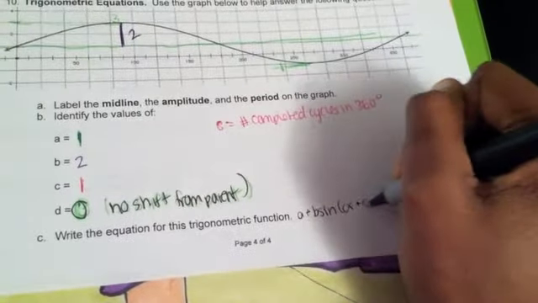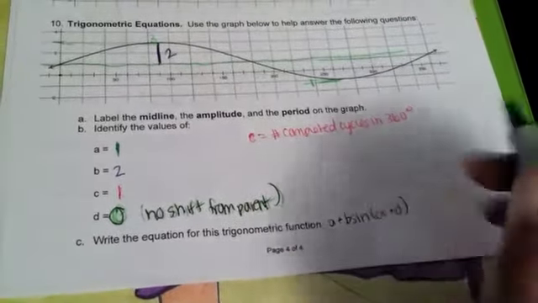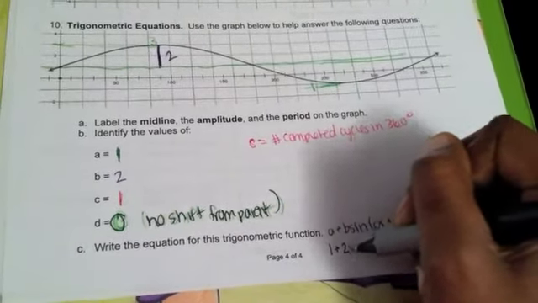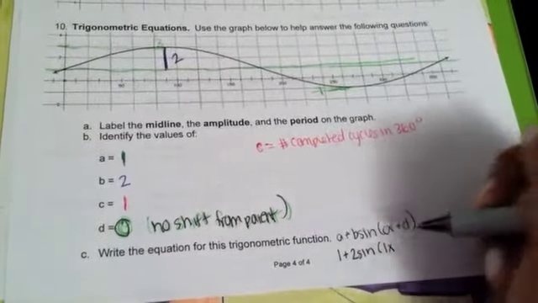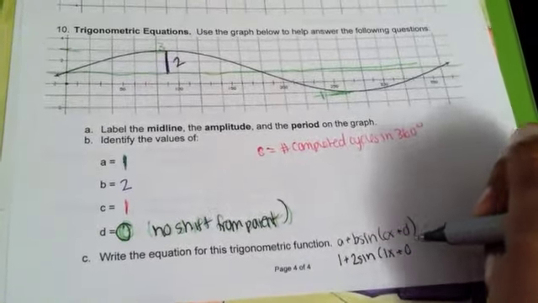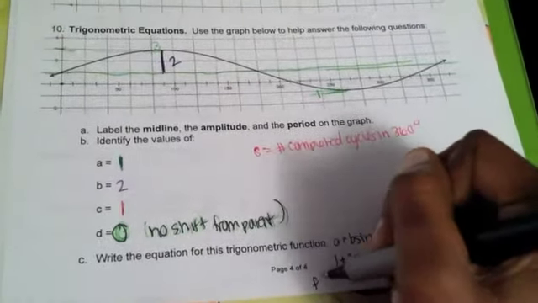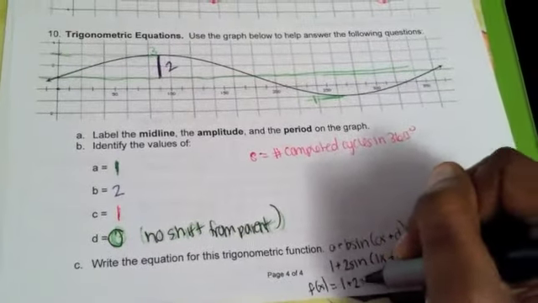We'll start by writing the general form of the sine function: a plus b times the sine of the quantity cx plus d. Now we'll rewrite our function substituting a equals 1, b equals 2, c equals 1, and d equals 0 into our equation. And then we'll simplify it so that f of x equals 1 plus 2 times the sine of x.